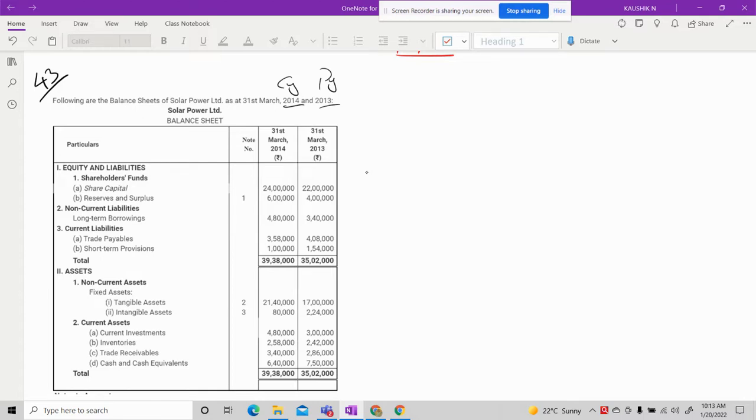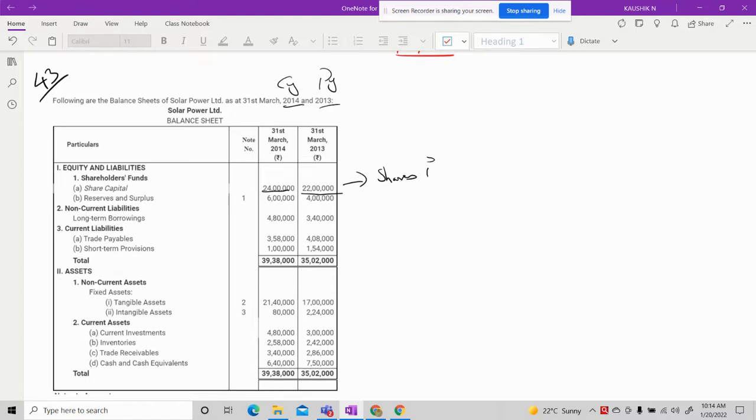Current year value is 24 lakhs. The previous year value is 22 lakhs, which means it is clear that in the current year the value of shares has increased, and if the share value increases, it is mainly due to issue of shares. So shares have been issued.